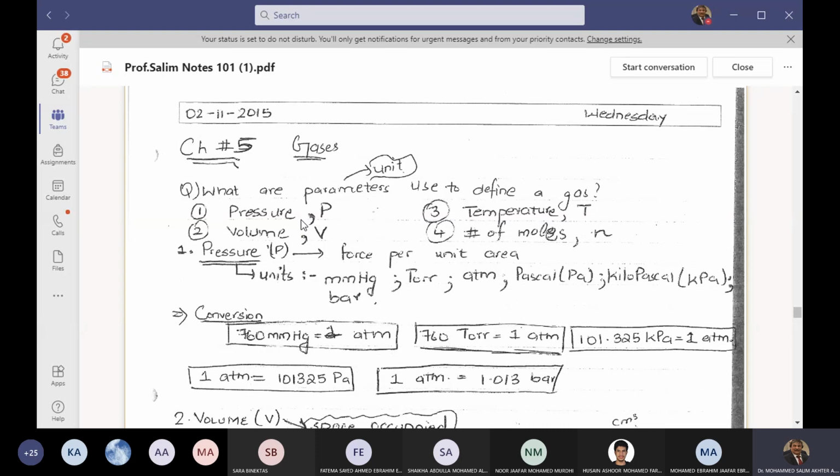The lab teacher is taking the attendance, so please attend the lab and submit your lab reports in time, because at the end of the semester the lab teacher will give me the lab marks. I don't want you to lose marks, even if it is 10%. 10% is a lot. 10% can change your grade, my friends. So I request you to submit the lab report in time. Thank you so much.